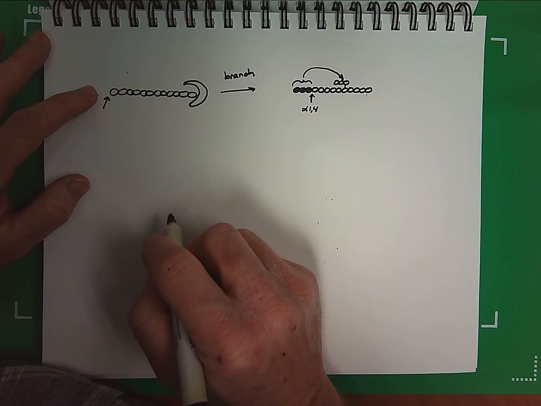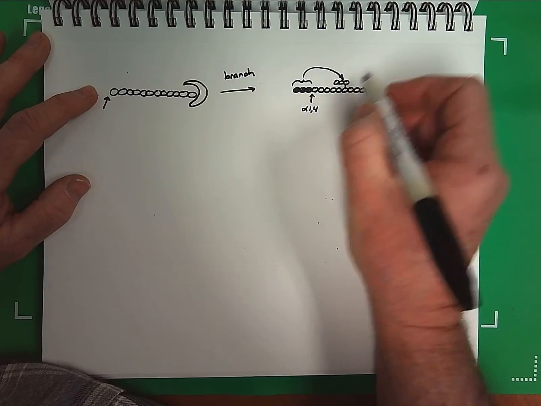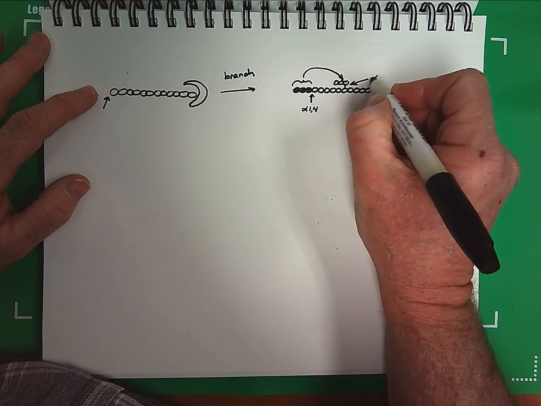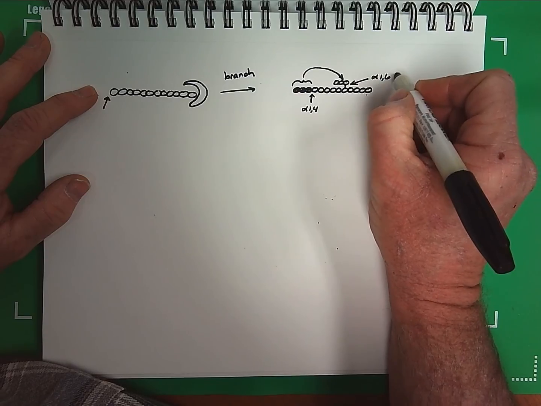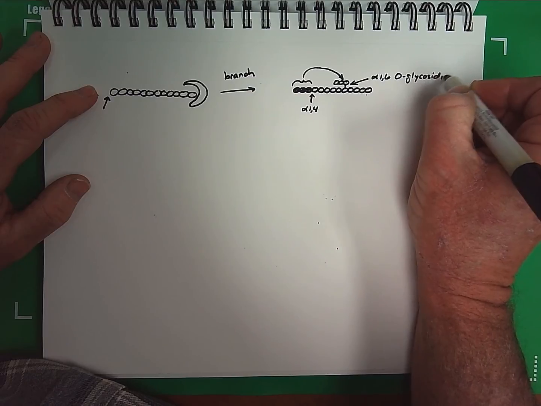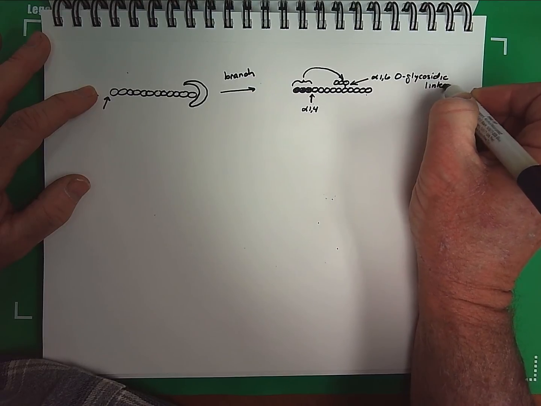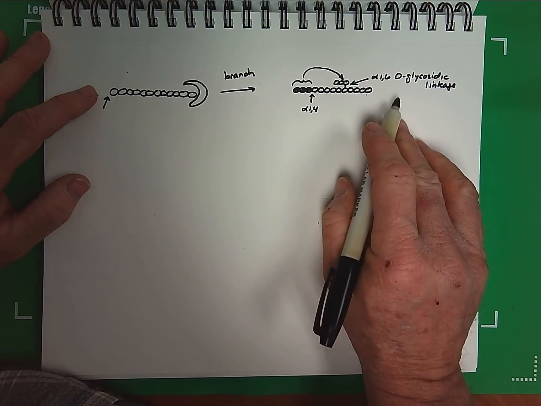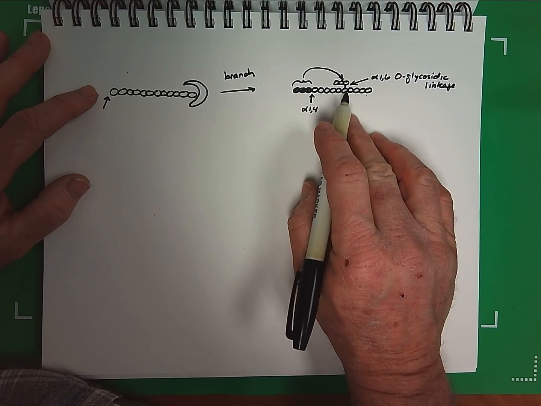a branched structure. This branched structure is linked by an alpha-1,6-O-glycosidic linkage. Recall again, this is the same type of structure as starch.